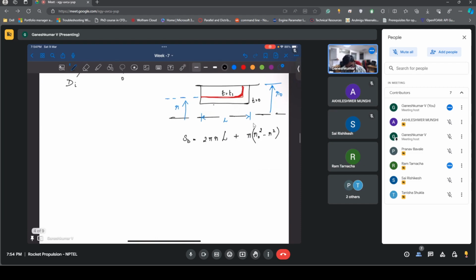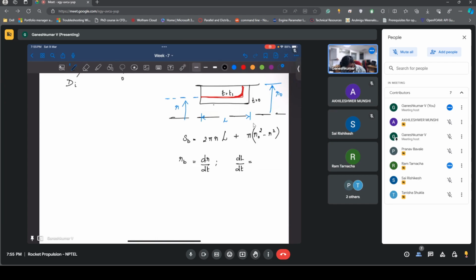Now you need to express L as a function of time. What is rb? rb can be used for the length also. What I am trying to say is, this surface area is going to regress with the rate of rb. So you can write rb is equal to dr by dt, and also you can write dl by dt.